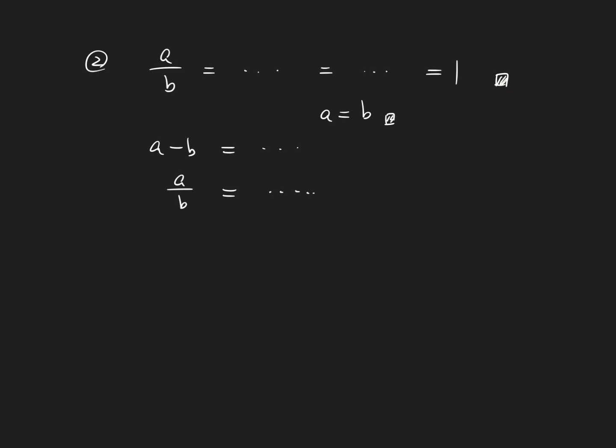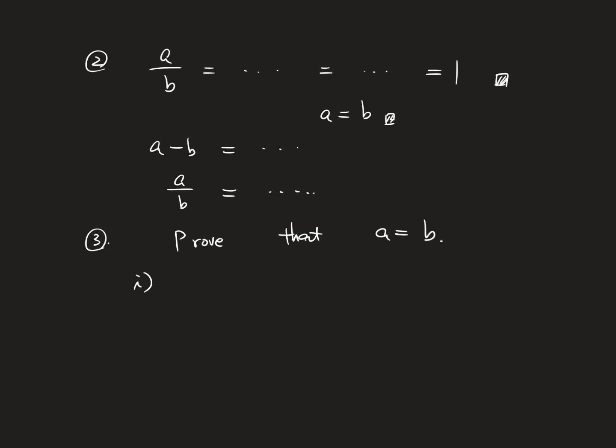How about this case? Well, there's another method. I mean, third method. You need to prove that, yeah, it's the same question. The question is prove that A is equal to B. There's another way to prove that.